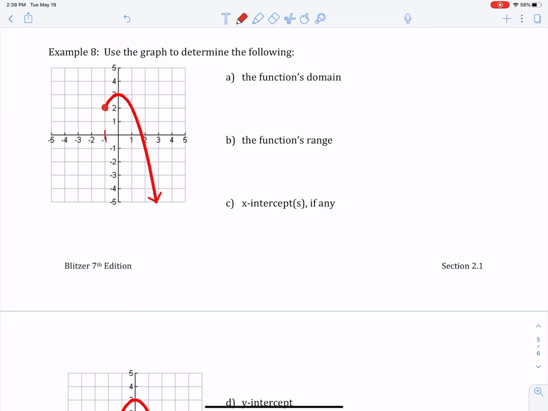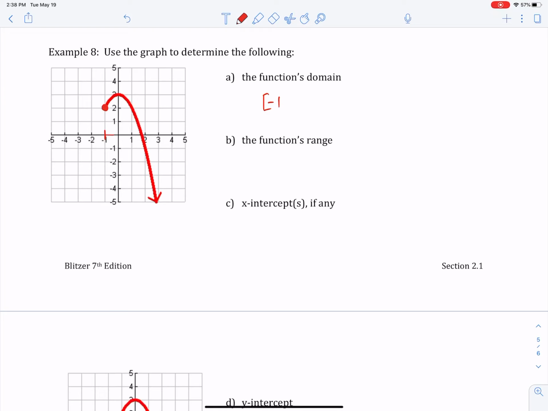And there is nothing before -1. So the domain doesn't have any previous values before -1. So it starts at -1. Provided that -1 is included, provided that this is a full dot, I'm going to put a bracket. If it was not included, as in the previous case, I'm going to put parentheses. But here that's a bracket clearly because it's included.